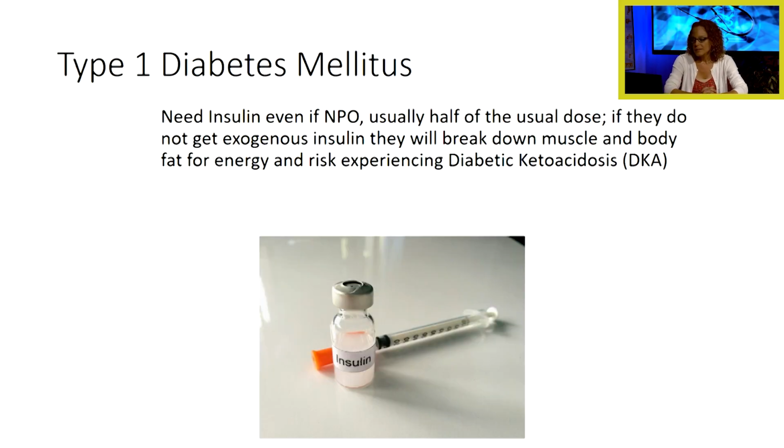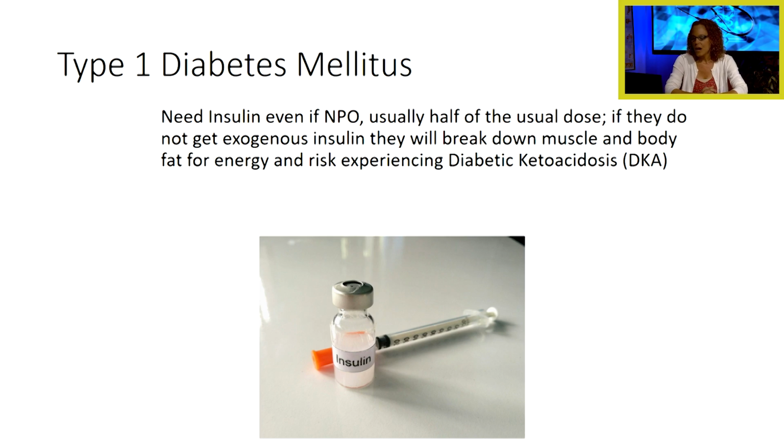The type 1 diabetic needs insulin. They need exogenous insulin, insulin that we give with a syringe via injection. And even if they're not eating, so even if they're NPO, they need insulin.